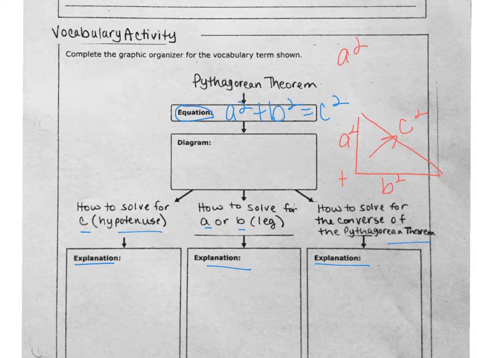If these two sides do not equal C, then it's not a right triangle. So it's kind of like a test, I guess, that you can apply to the sides of a triangle to determine if it is right or not.